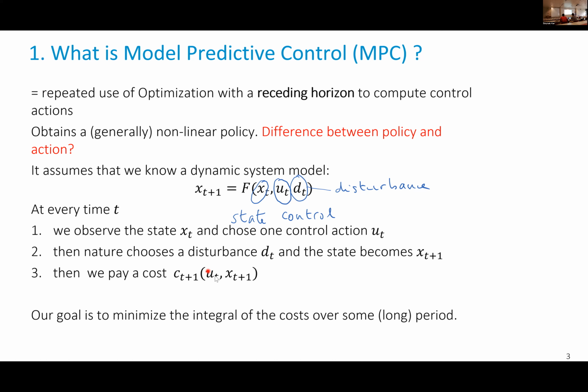And as a result of our actions, like everything in life, the result is a new set of things, and we need to pay for this new set of things. For example, if we're in a grid, the new set of things might be the voltage, and the cost might be a soft penalty for voltage. That's an example. That's the framework, and the goal is to minimize not just one step, but the integral of this over some periods of time.